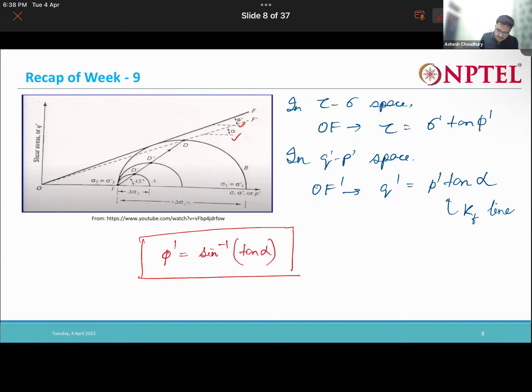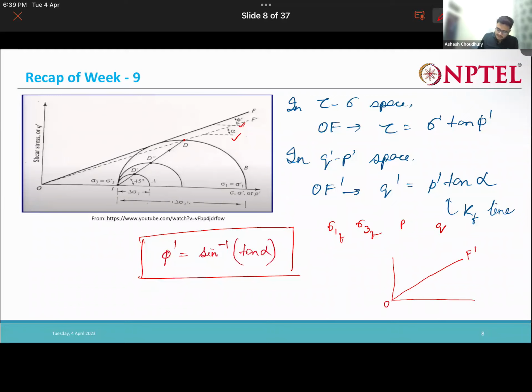So say you have sigma 1 and sigma 3 values at failure. From these values you can get this D point, right? You can get the p point, you can get the q point, right? So you can plot your modified failure envelope.